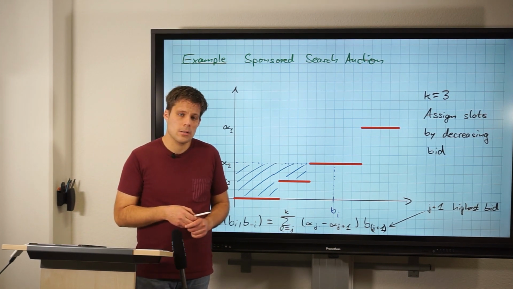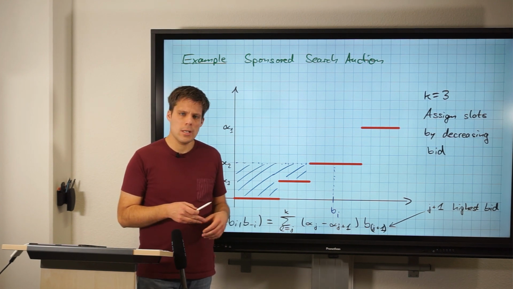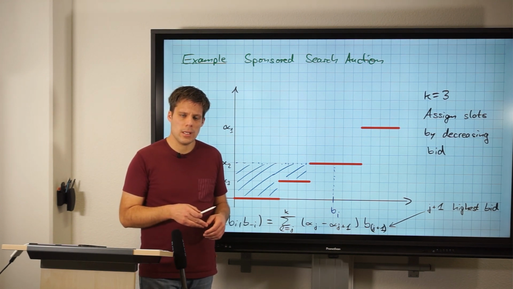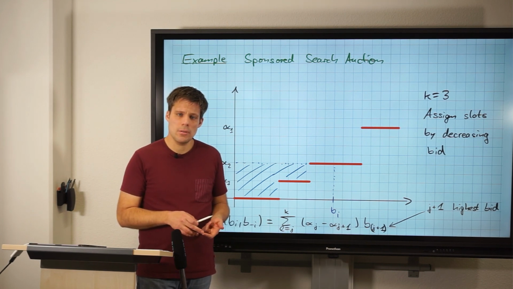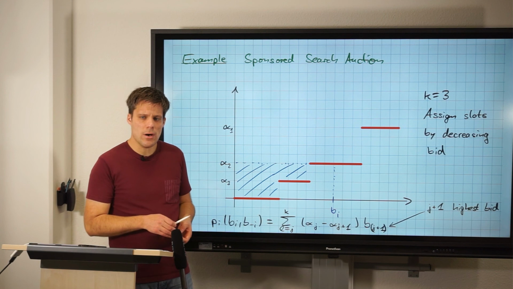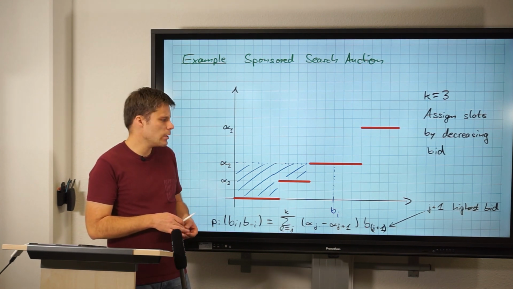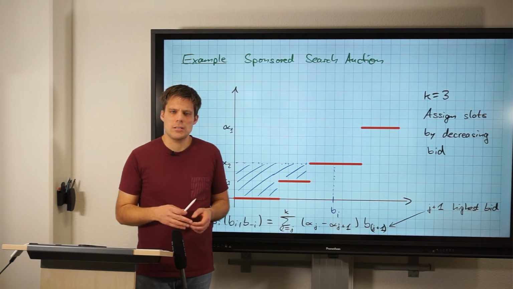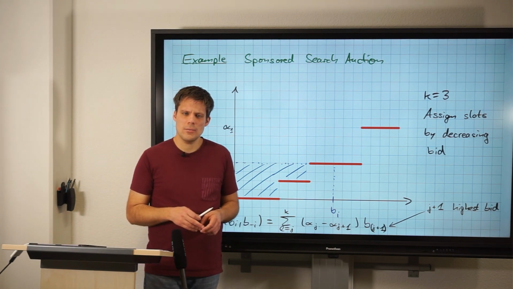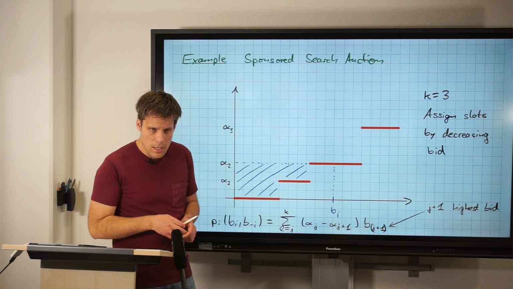Good. So also here there is a truthful mechanism. It has a unique payment rule, but interestingly enough, this is not what Google and others were doing, maybe because they didn't understand how one designs truthful mechanisms, or for some other reasons.